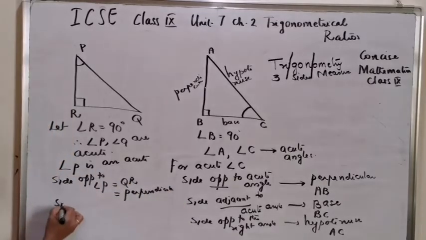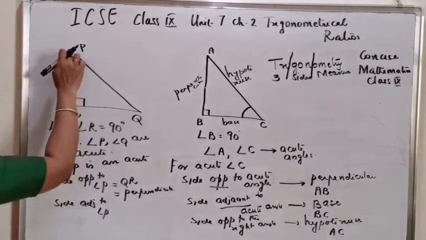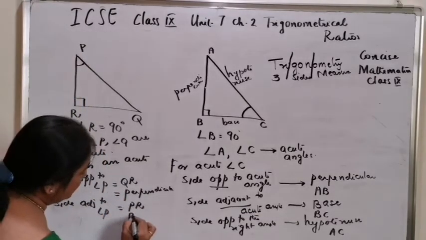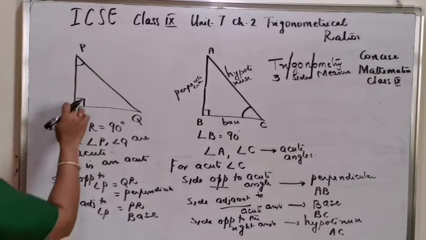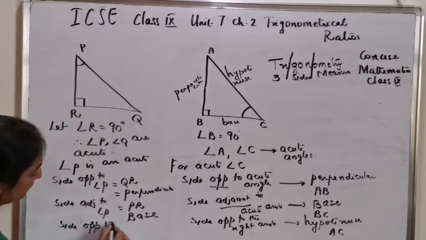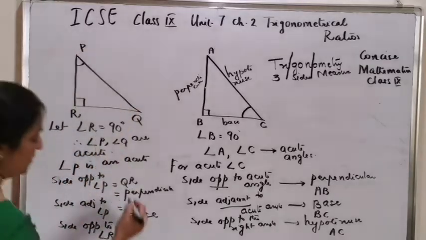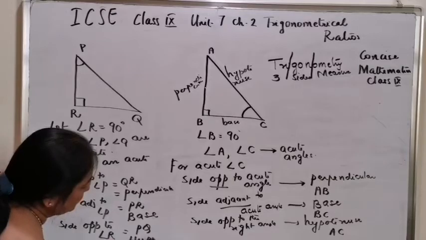Then which is the side adjacent to angle P? The side adjacent to angle P is PR, and you call it as the base. And which is the side opposite to the right angle R? That is PQ, and you call PQ as hypotenuse.